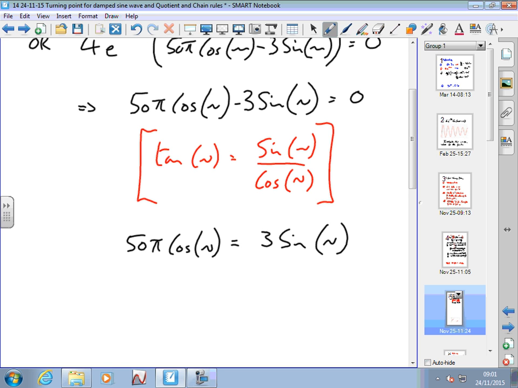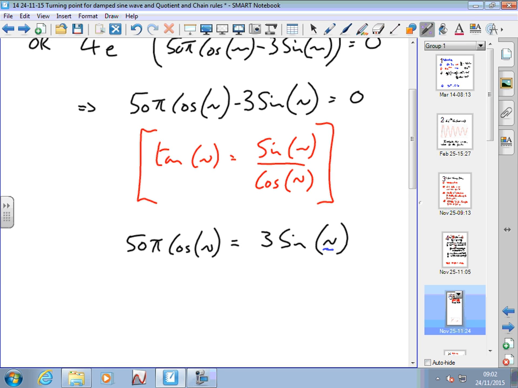Adding 3 sine bracket to both sides, I get that. What I'm after here is getting t. I want to get t on its own so I can work out what value of t gives me 0, in other words, a maximum or a minimum. So solving for t, which is inside this bracket. So at some point, we're going to have to put that bracket back in again.